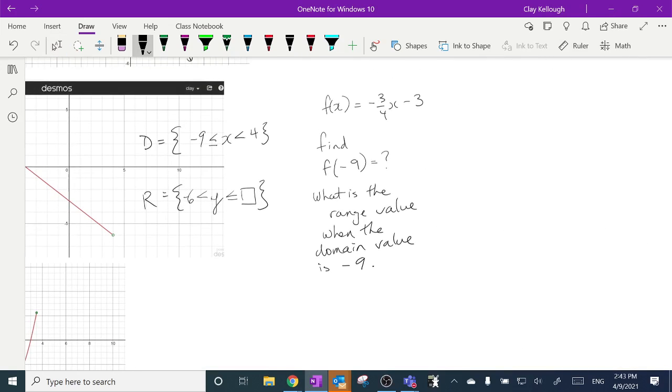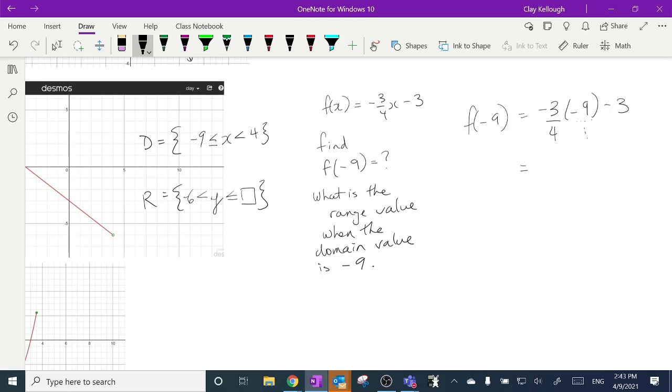F of -9 means plug -9 into this function. Could we have a calculator for that, Mr. Kello? No, you can't have a calculator for that. You should be able to work with basic fractions and stuff. Okay, so what would you get? Well, remember when you multiply a fraction by a whole number, you just go top times top, bottom times bottom, but remember, a whole number has a bottom that's equal to 1.